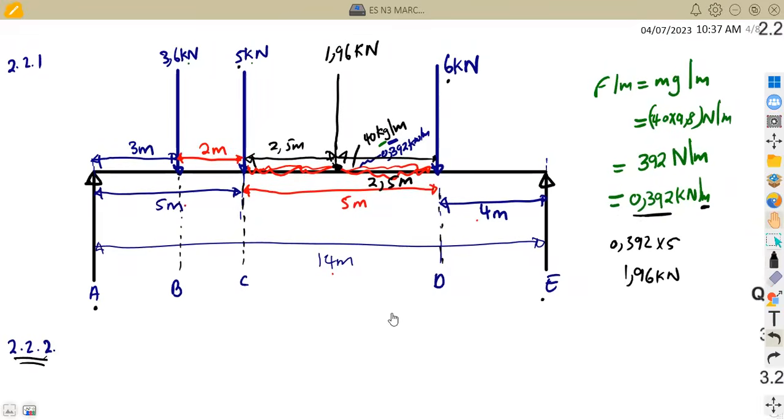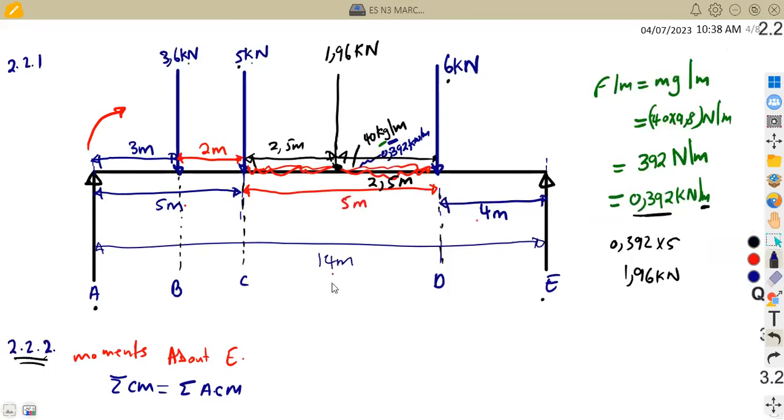All right, so I'm going to start with moments about point E in this case, which is this one. So taking moments about E. If you have to check in this case, A is moving this way back to E. This is clockwise direction. So meaning to say we are going to relate the sum of the clockwise moments equal to the sum of the anti-clockwise moments.